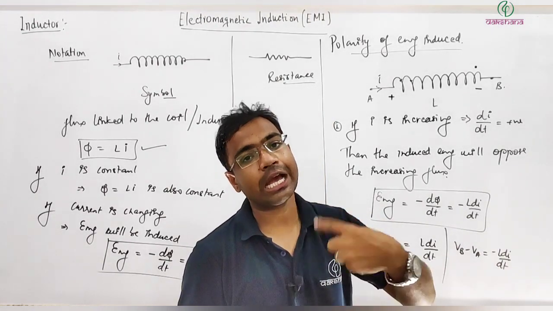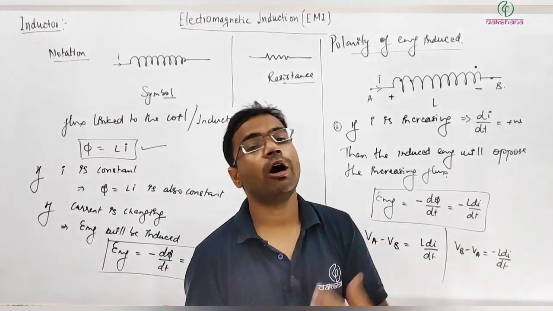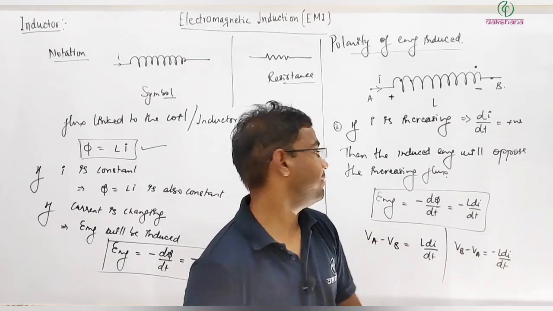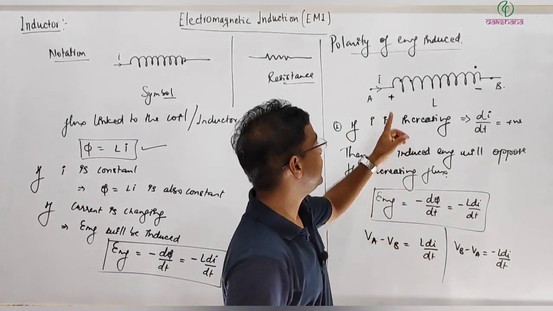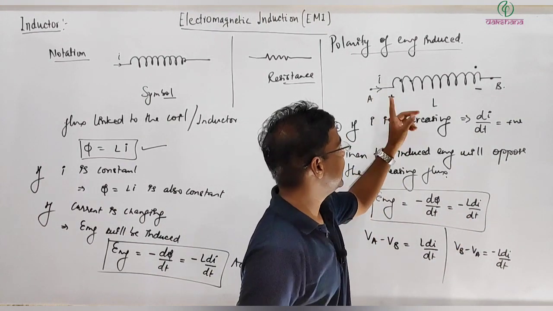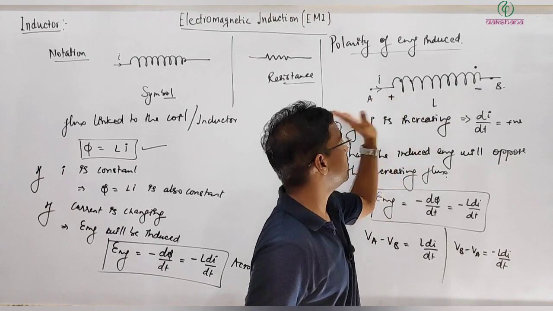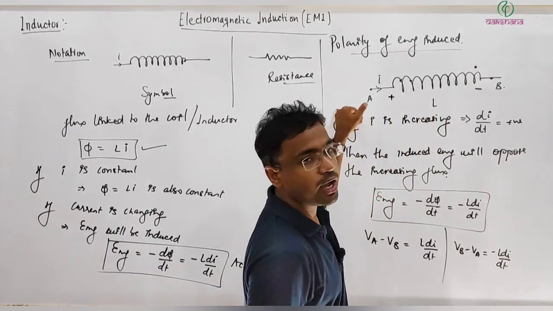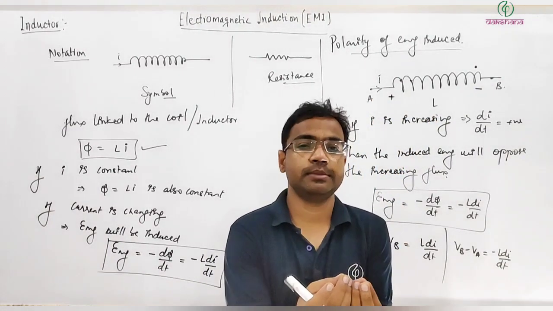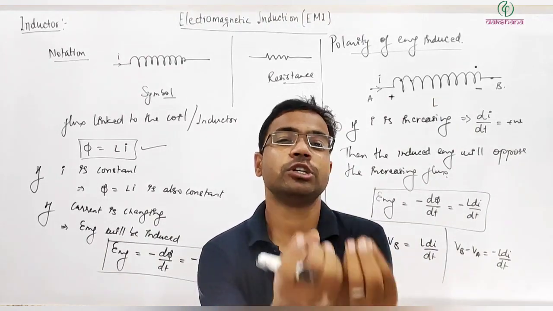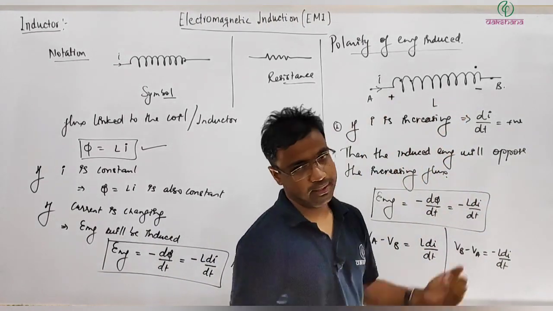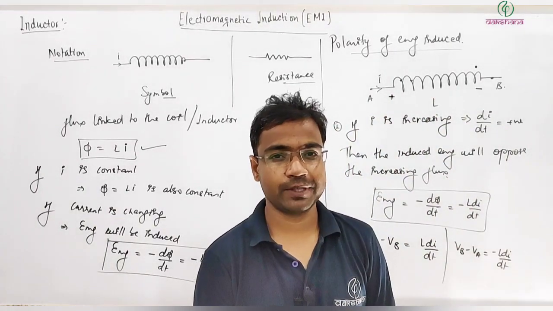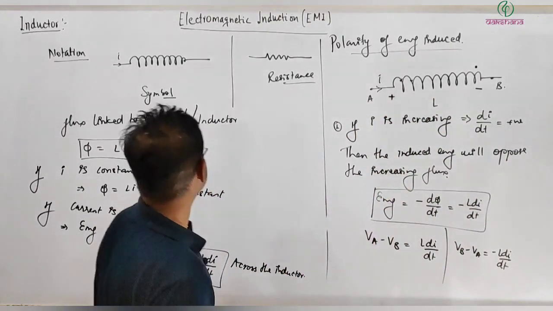By inducing current in the opposite direction, or you can say by inducing EMF, and that EMF is mathematically given this way, and the polarity we can decide. So if it is increasing, then polarity will be this way, so it will try to flow current in the opposite direction. In simple terms, because current is increasing, it will try to decrease the current. How will it try to decrease the current? By inducing EMF in the opposite sign. So I hope you understood this.